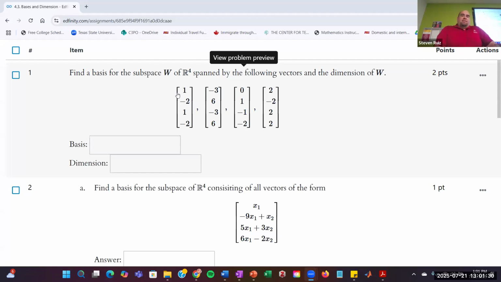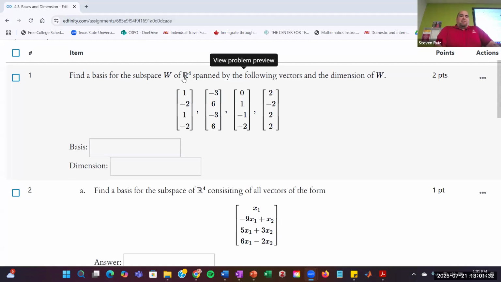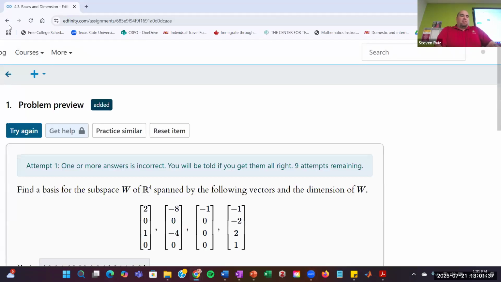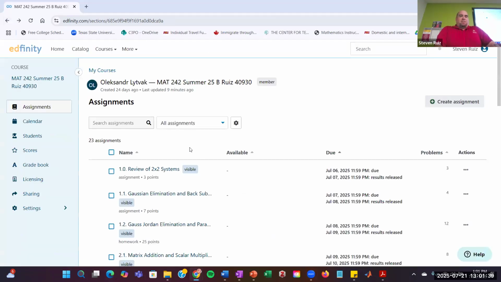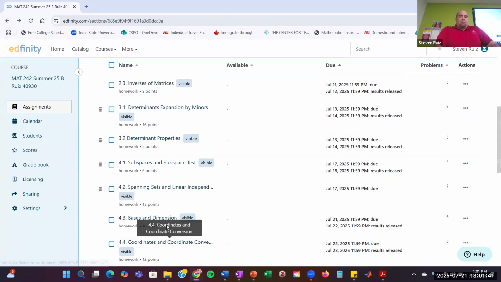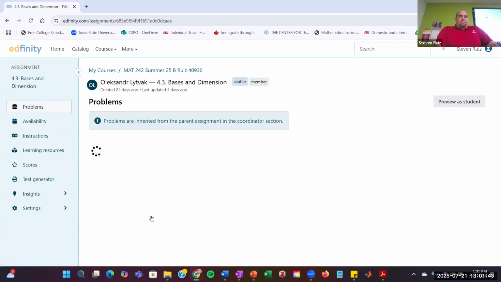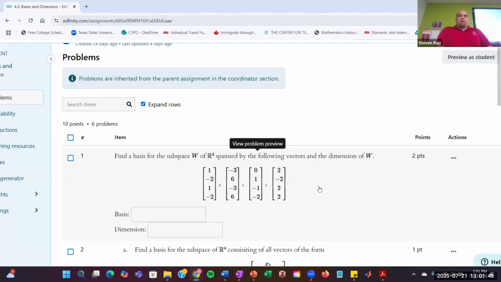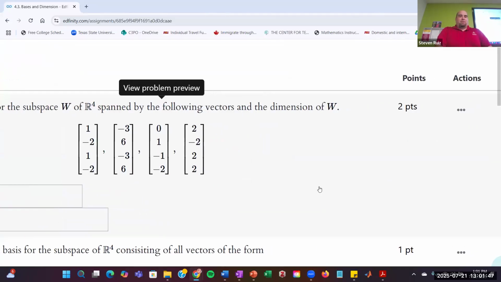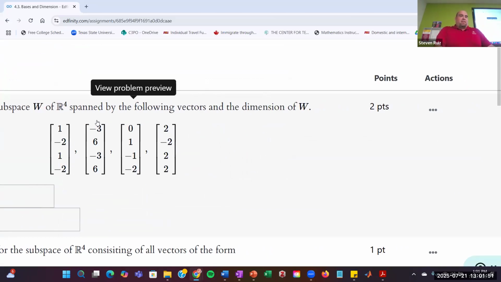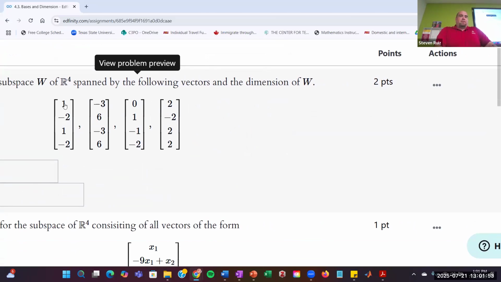I didn't pay attention to the way this was programmed, but this is pretty rigid. One thing we've talked about is that there is no such thing as a unique basis. If you have a subspace, there's an infinite number of bases that will span them, and they'll be linearly independent. So let me give you an example of what they're looking for.